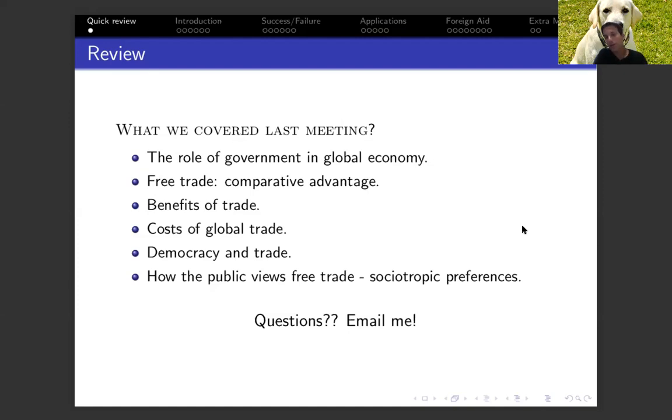And the bottom line was that trade offers a lot of benefits in the long term, but in the short term it offers a lot of costs. And the main challenge, reminding you of the short video clip from the West Wing TV show that we went back to eventually, was the need to design those socio-economic global policies which will allow us still to gain from the benefits of trade while alleviating some of those costs.